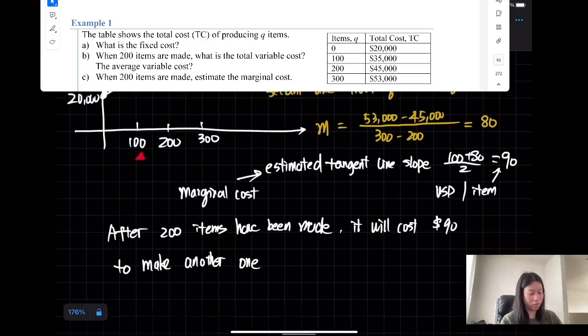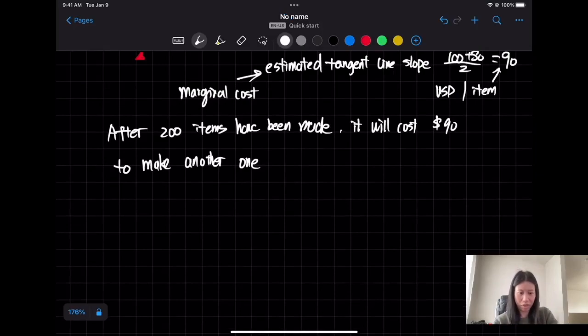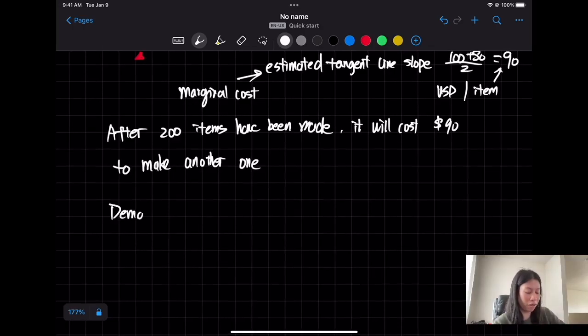Okay, that's one example. All right, so now let's talk about more terms. In the business world, you also have demand. Demand is the functional relationship between the price and the quantity Q, how many items you can sell depending on your situation.